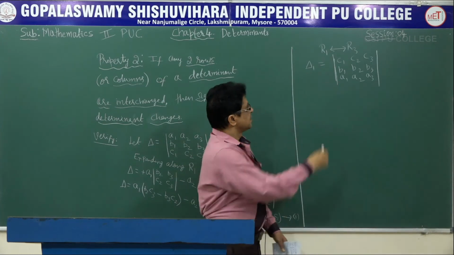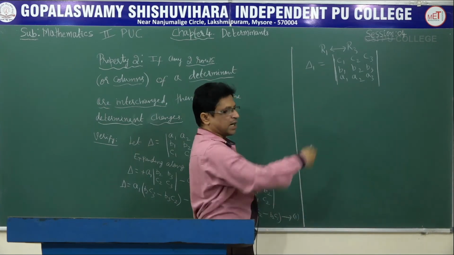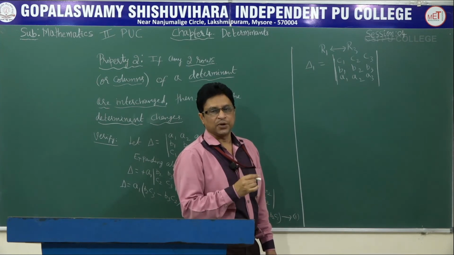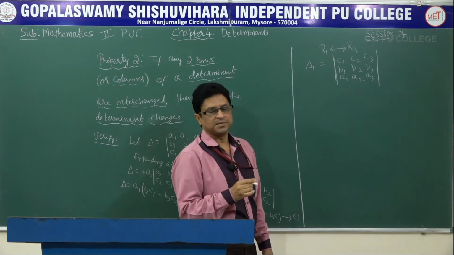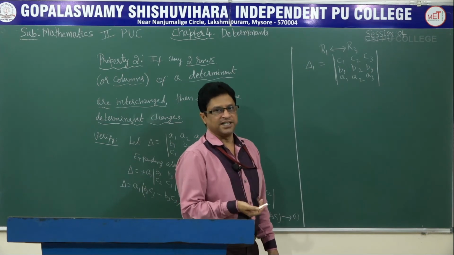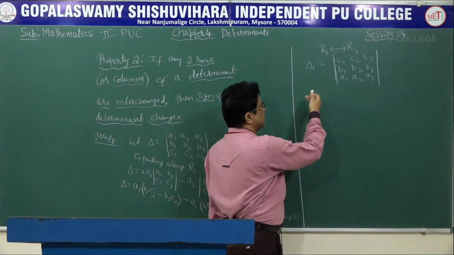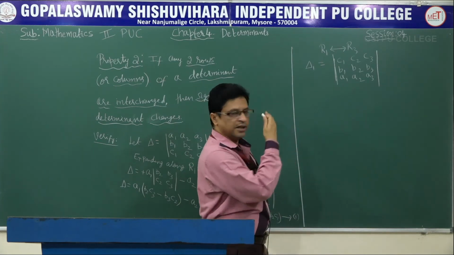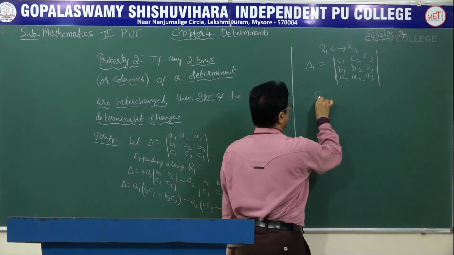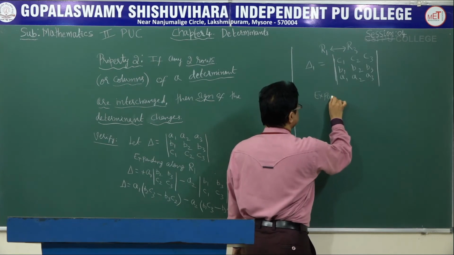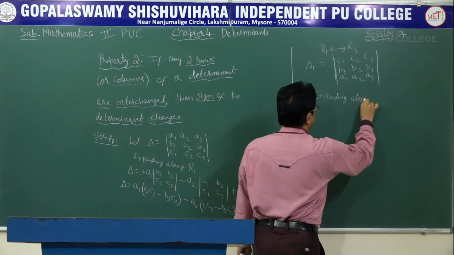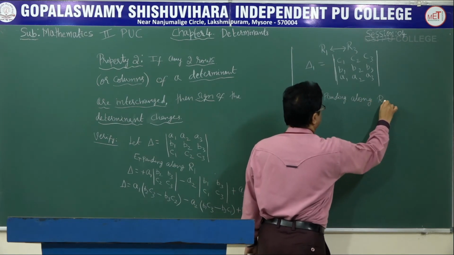Here, let us expand this determinant through R3. You can expand a determinant by using any row or any column. The value of the determinant will not change. So here we expand this determinant using the third row, that is, expanding along R3.